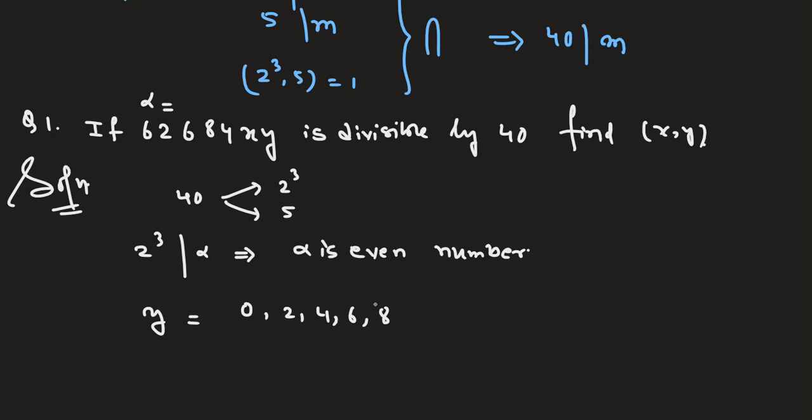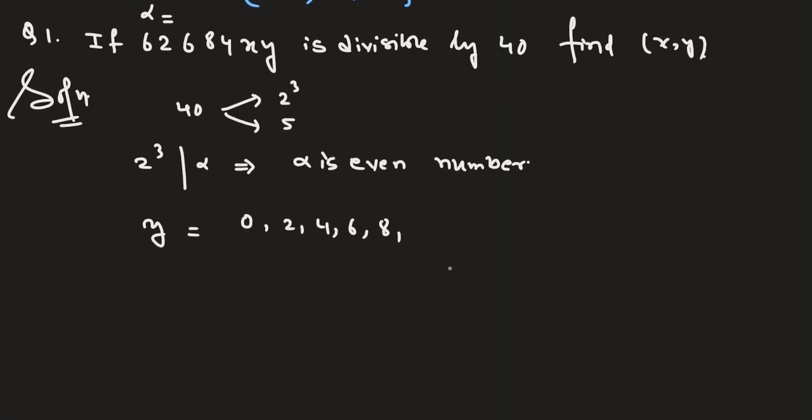Okay now, what about y? Alpha is an even number, since 2 cube divides it. But we also notice that 5 divides that number alpha.